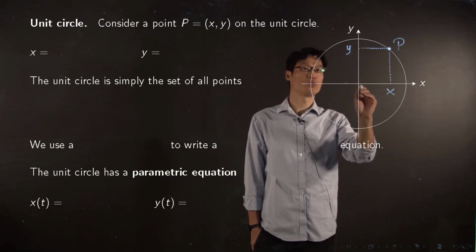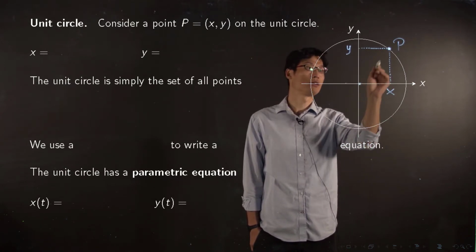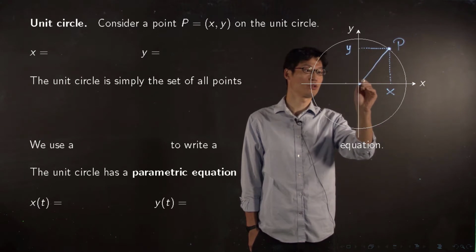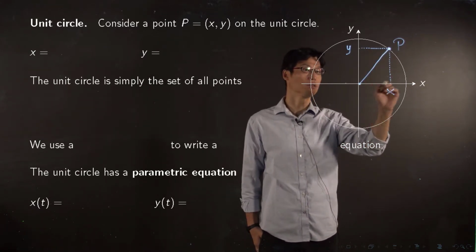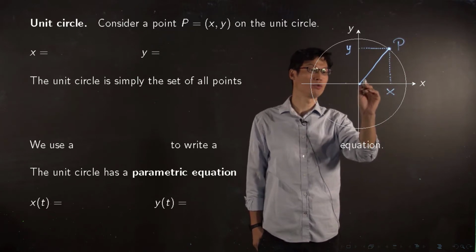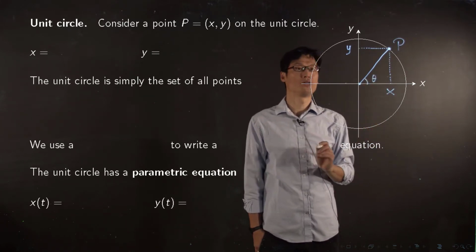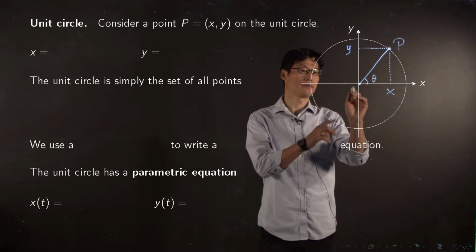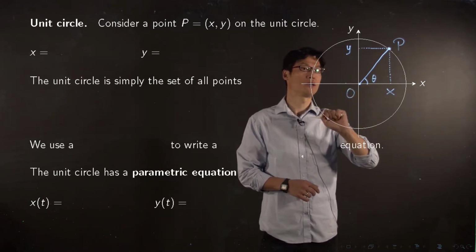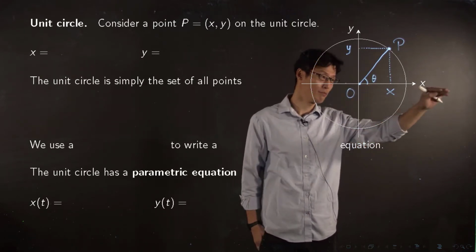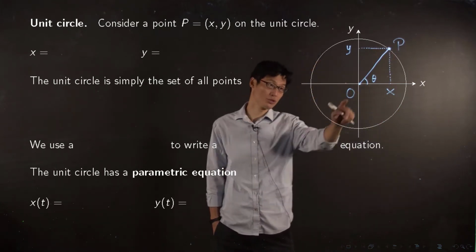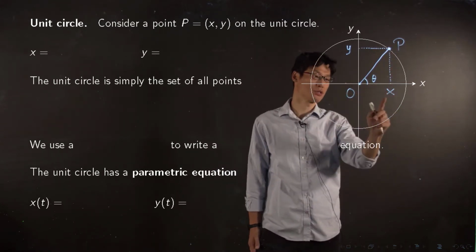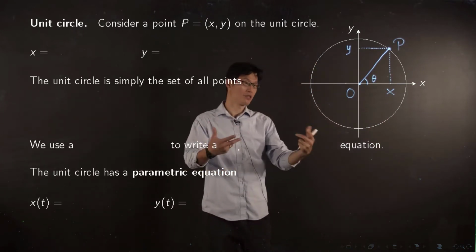Once you draw a line joining the origin and this P, we have a right triangle, and let me call this theta, the angle between the positive x-axis and the line OP. So using this right triangle, you can express x and y in terms of theta.